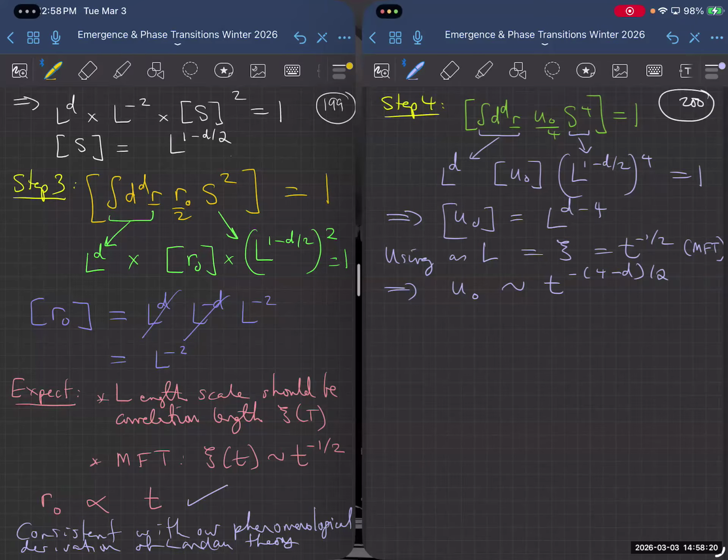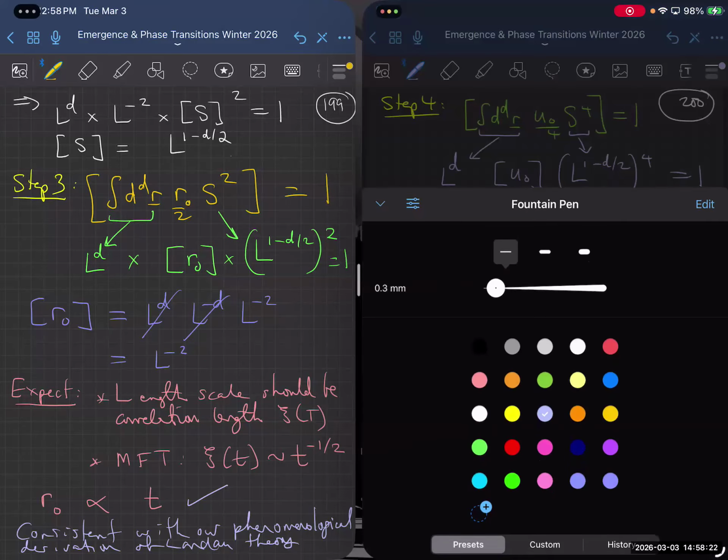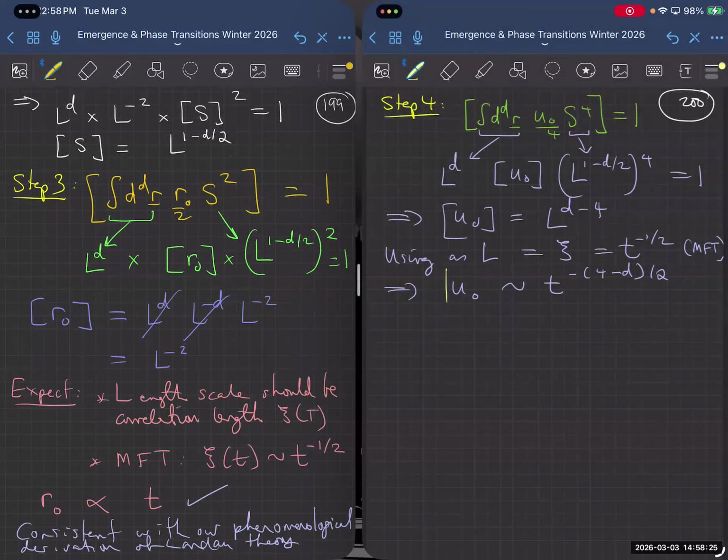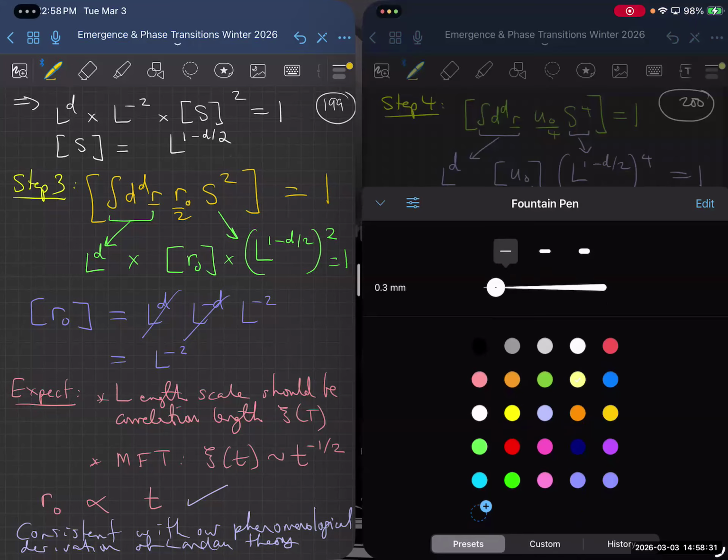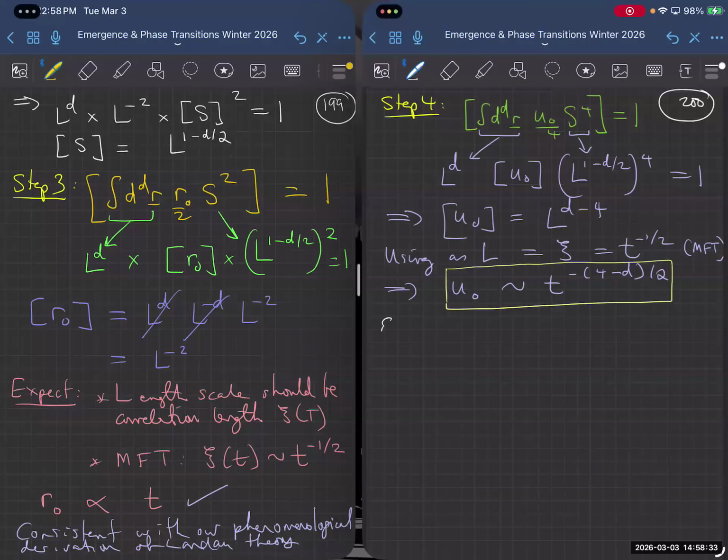Okay, and this is a very important result because let's for example take the case where d is equal to 3, and that says that u naught scales like t to the minus (4 minus 3)/2, so minus 1/2, and that is happening as t tends to 0.